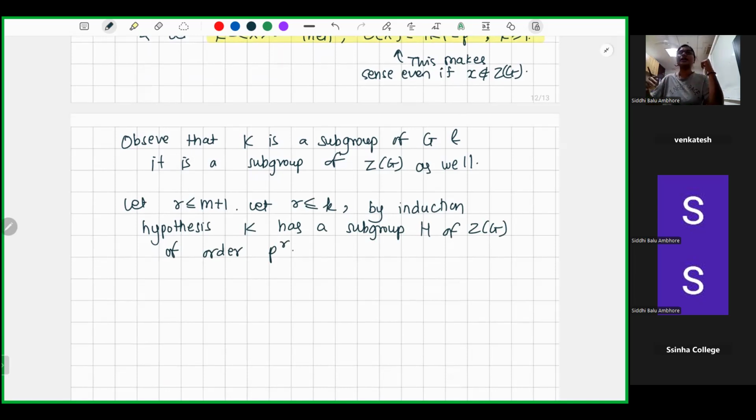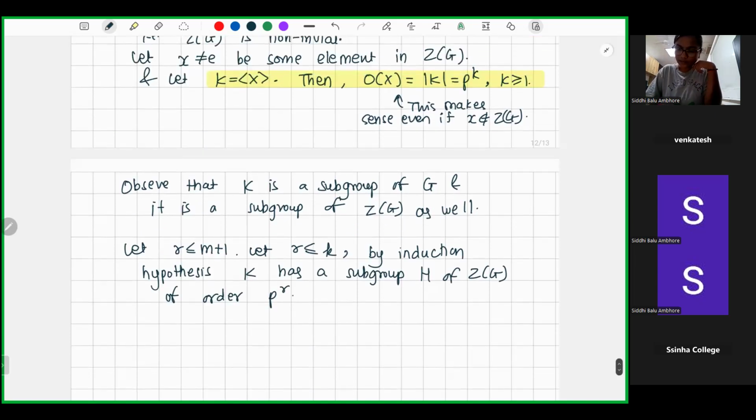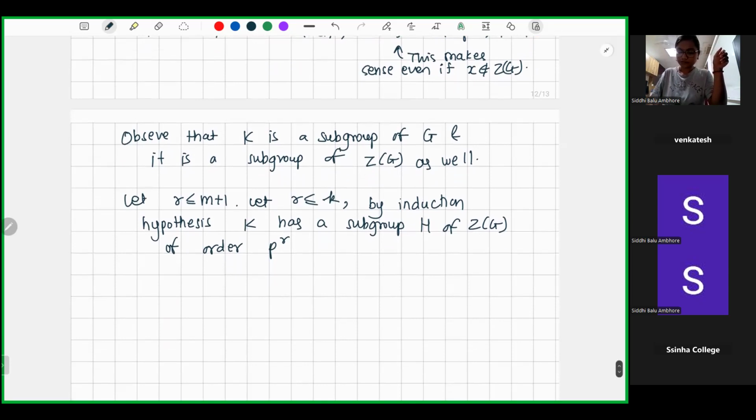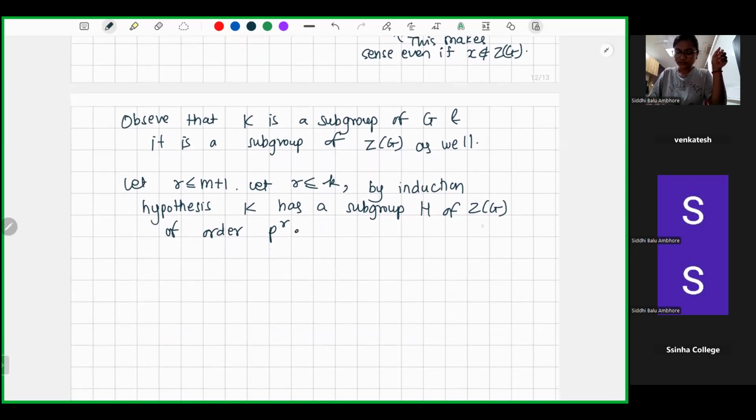Okay, so we are choosing this r to be less than or equal to m+1. And if r is less than or equal to k, then by the induction hypothesis, since this k is less than m+1, there exists some subgroup of order p^r.